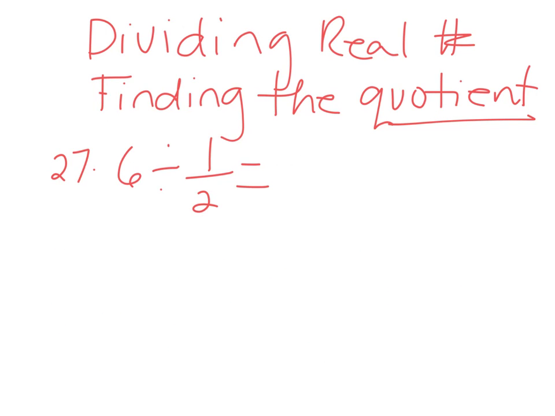This is coming from page 1116, and it's number 27, and the instructions were dividing real numbers and finding the quotient. And so the first problem, number 27, was 6 divided by 1/2. And to do that, you have to multiply by the reciprocal of the divisor, not the dividend.